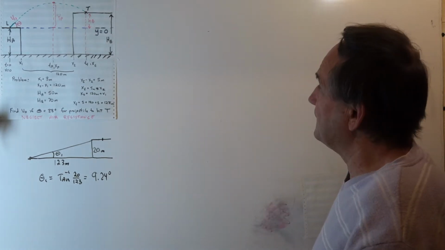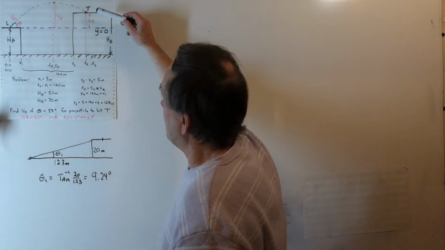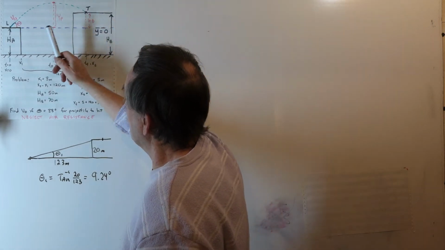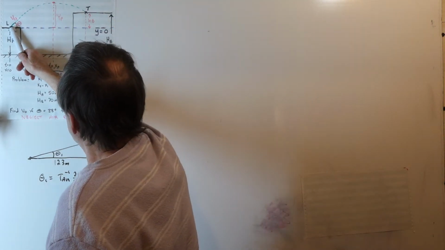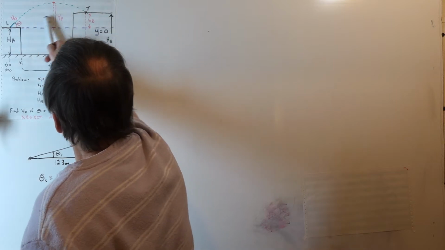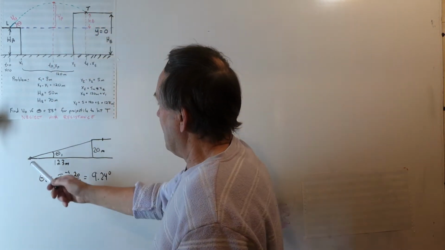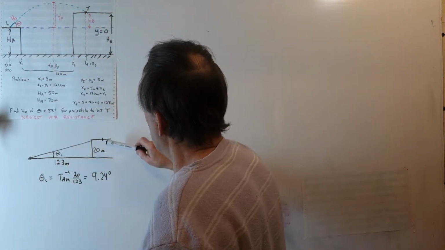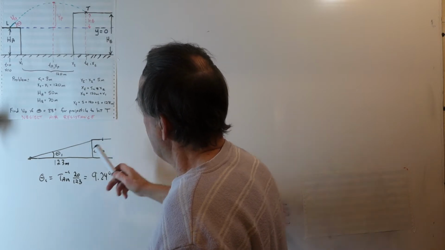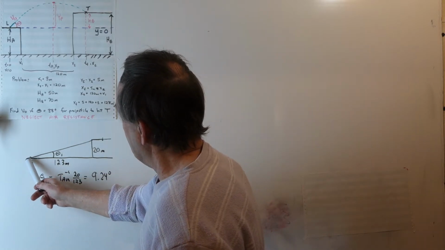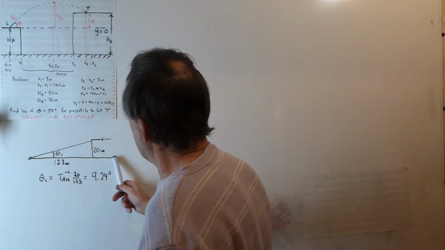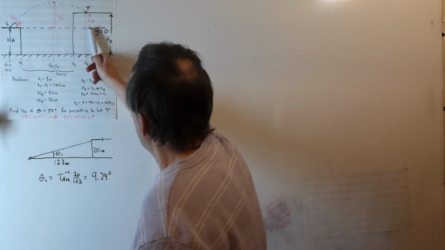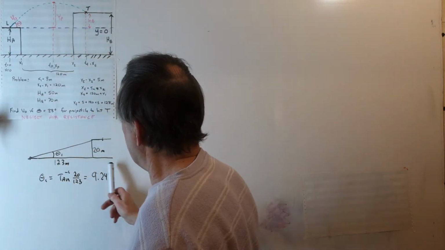Secondly, we need to note that there isn't any way we're going to hit the target if the angle is too small to clear the edge of the building. And that I'm showing here. Here is building B, and if we're on the roof of building A, that's this y equals 0 line along here.